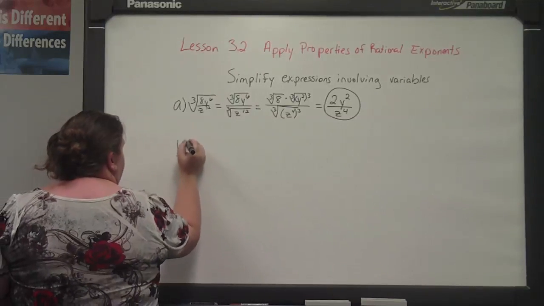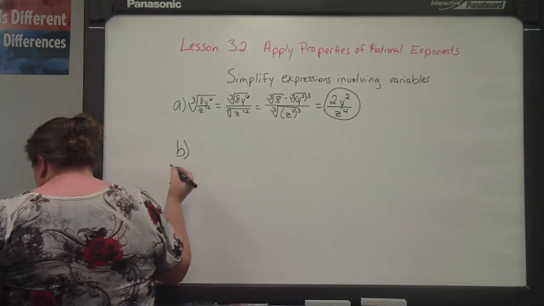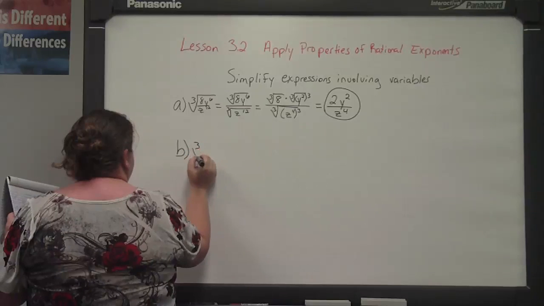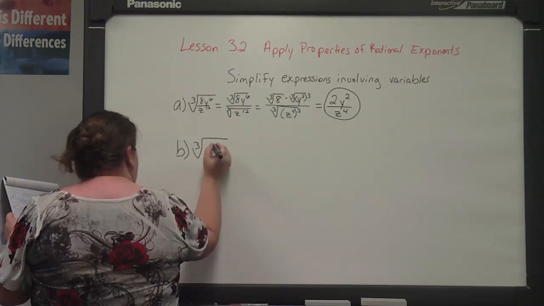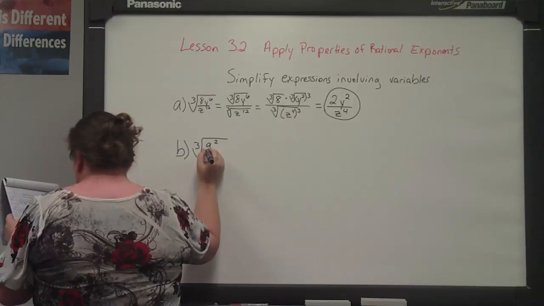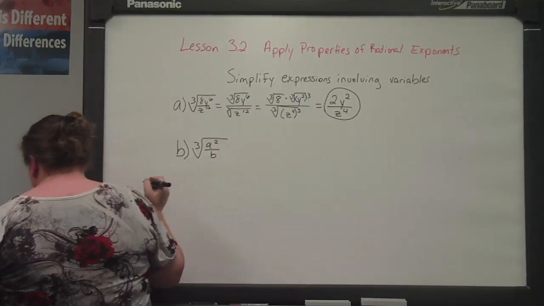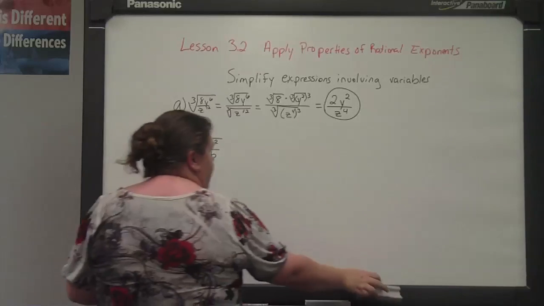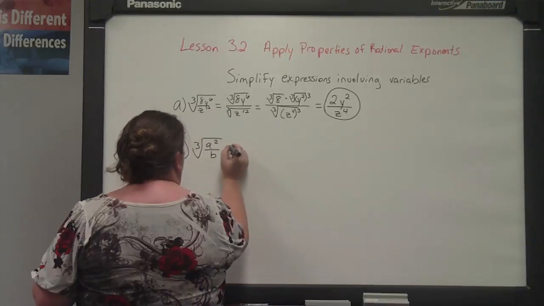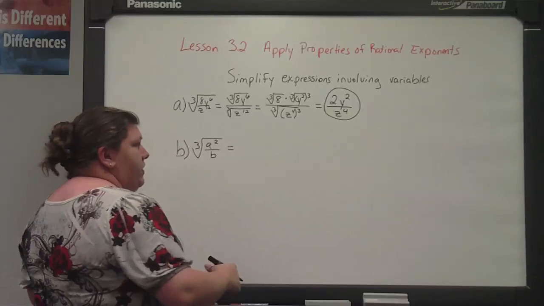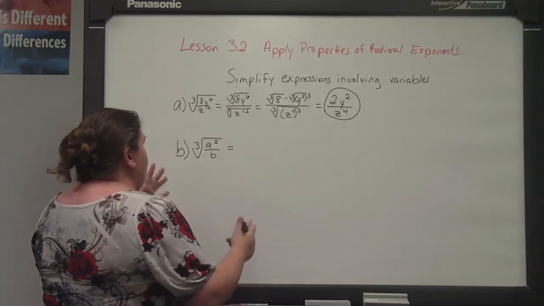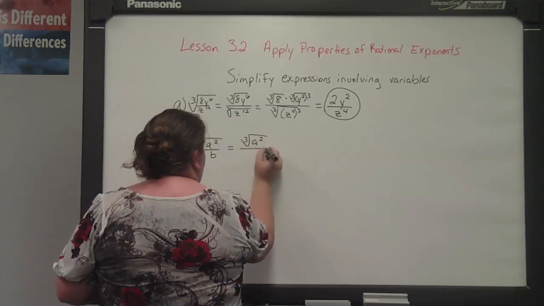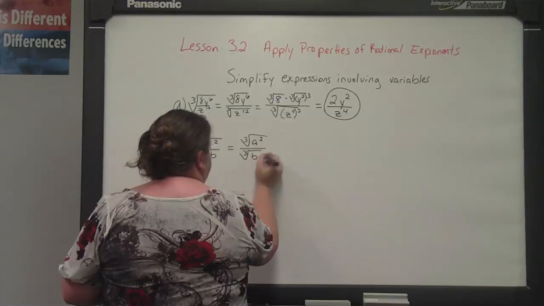And then we have b. b is the cube root of a squared over b. Now the first thing that we need to do here, because again we don't want radical signs in the denominator, is rewrite this as the cube root of a squared over the cube root of b.